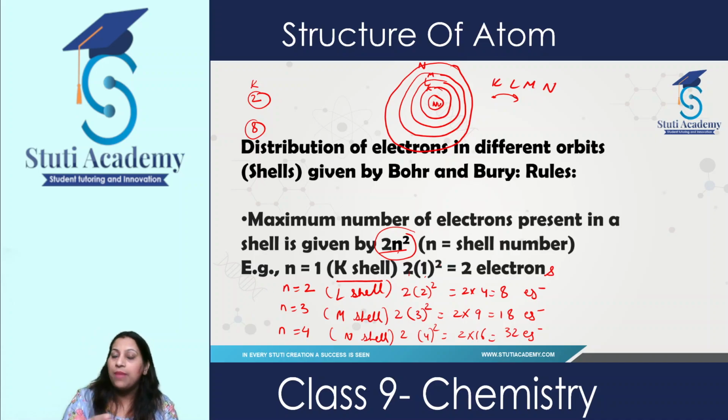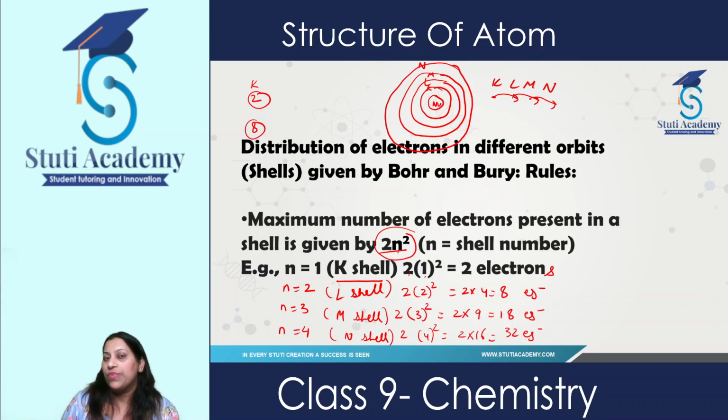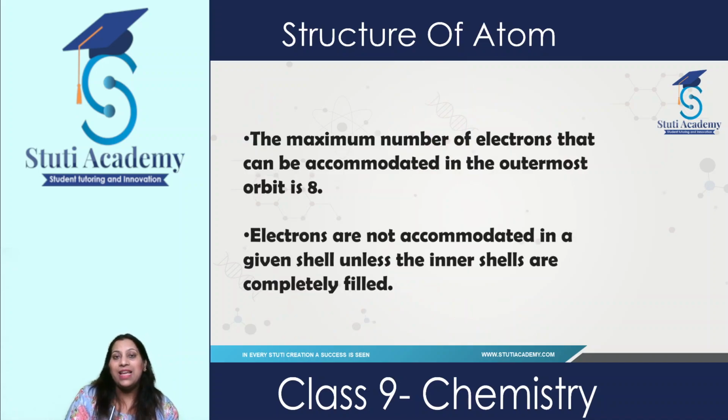Once L is completely filled, only then will we jump to the next shell. Otherwise, we will not add any electrons in the other shell. And once M is completely filled, only then will we move on to the N shell. So these are the conditions for adding electrons in the energy shells.